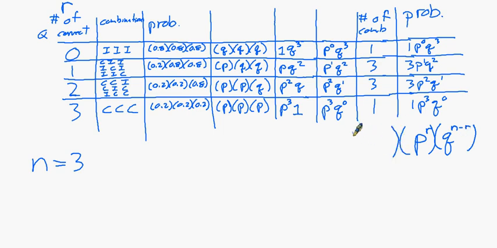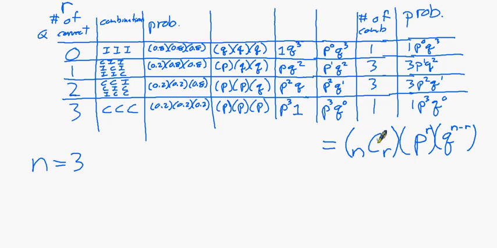Now, the last piece is this number here, the 1, the 3, and the 3. This is the number of combinations. Well, we have a formula for that all the way from those beginning videos, which is n choose r, right? Number of combinations.